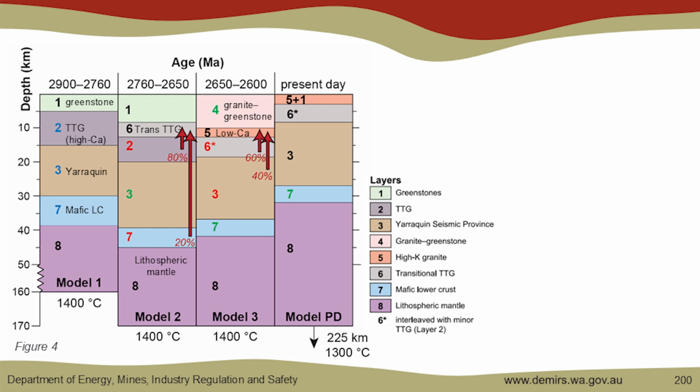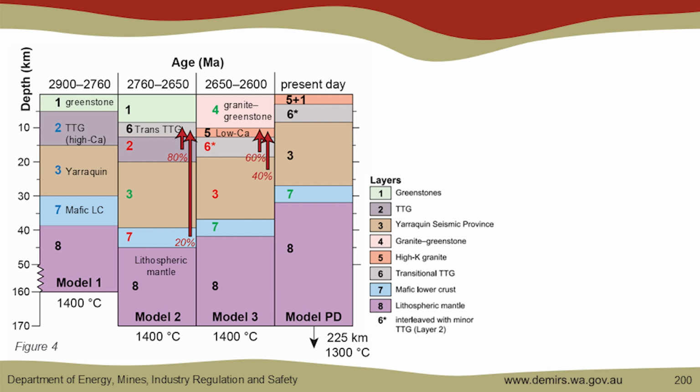In the next model, Model 2, which is appropriate from 2760 to 2650, we now have a thicker package of greenstones, underlain, and then the emplacement of transitional TTGs. And we know that those rocks, this unit 6 in Model 2, was derived from the underlying high calcium granites, the TTGs, and the mafic lower crust.